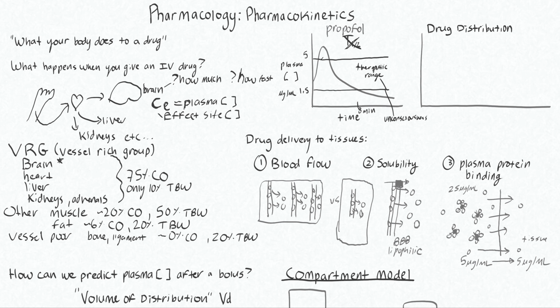The reason your plasma concentration decreases when you give an IV medication, this rapid drop-off, is because the drug has distributed itself to other tissues. So it's no longer hanging out in the plasma, it is now maybe in your muscle and starting to go into your fat. Let's show you that here with the drug distribution of propofol.